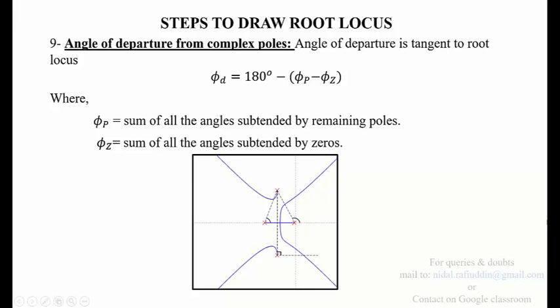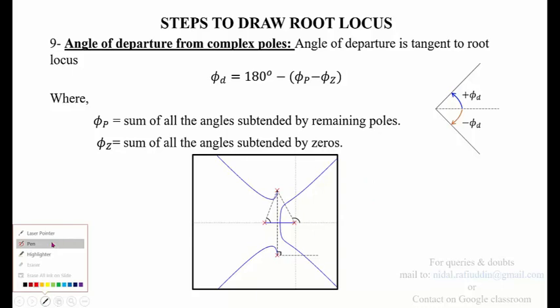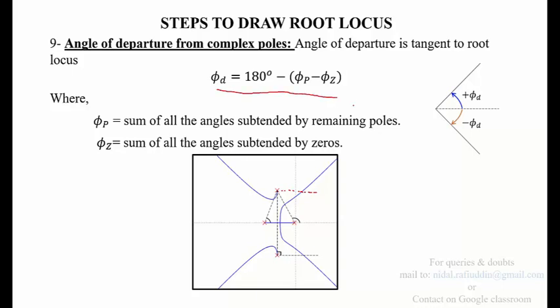Once the angle phi d is computed, then it's time to draw it. Phi d is drawn with respect to the reference, which is taken along the x-axis. For example, if you want to draw phi d for this particular pole, then you'll choose a reference drawn parallel to the x-axis, and from this reference, if phi d came out positive using this expression, let's say plus 30 degrees, then phi d is measured positive anti-clockwise, and negative clockwise.